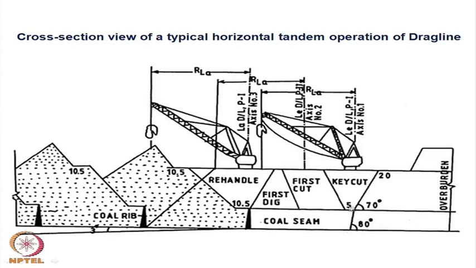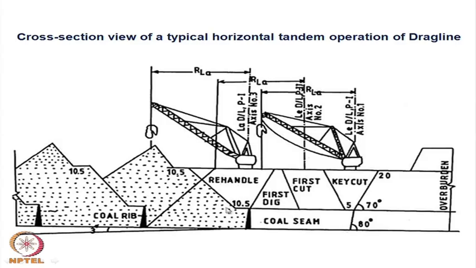When it gives the key cut, material is placed over here, which will be rehandled, and then after giving the key cut it moves to this second position and gives the first cut, and this first cut material is placed over here. Then the second one will be sitting over here, it rehandles this part, makes this first dig, that is this part is cut along with whatever is to be rehandled, and then pushes them further.